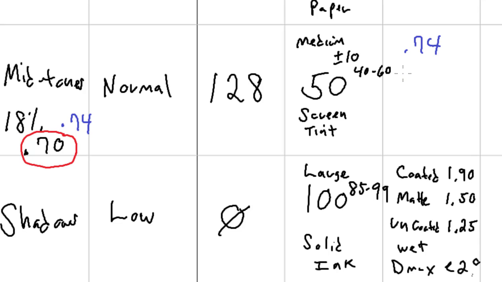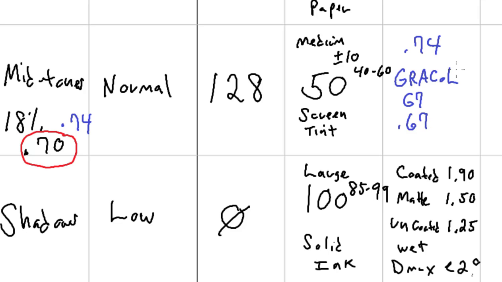But if you follow GRACoL, which is the General Requirements for Applications in Commercial Offset Lithography, and you follow G7, they often say that your midtone density should be somewhere around 0.67.